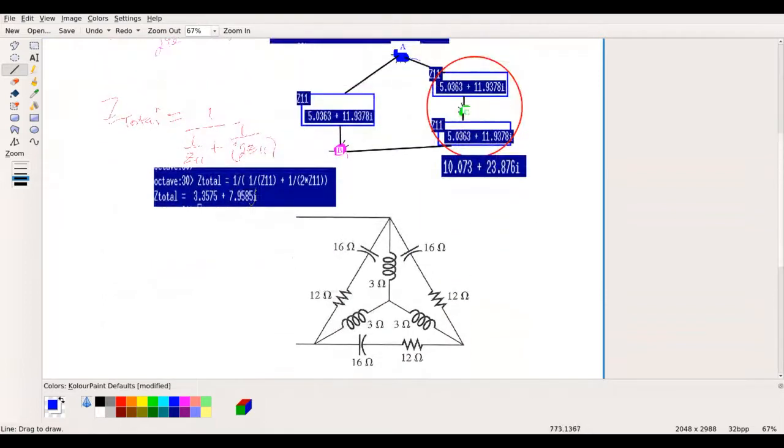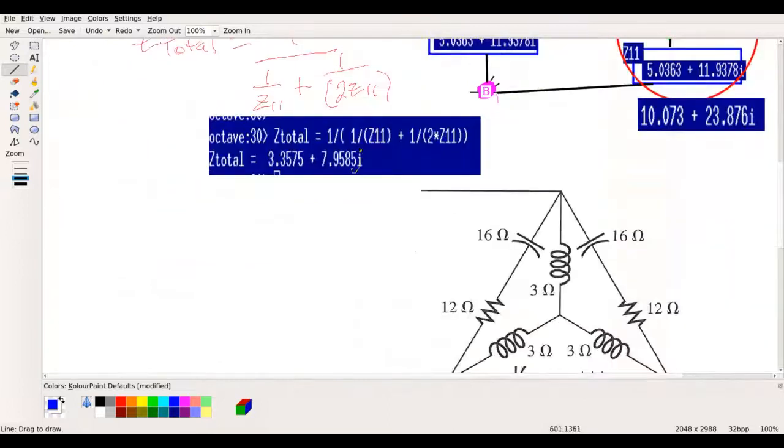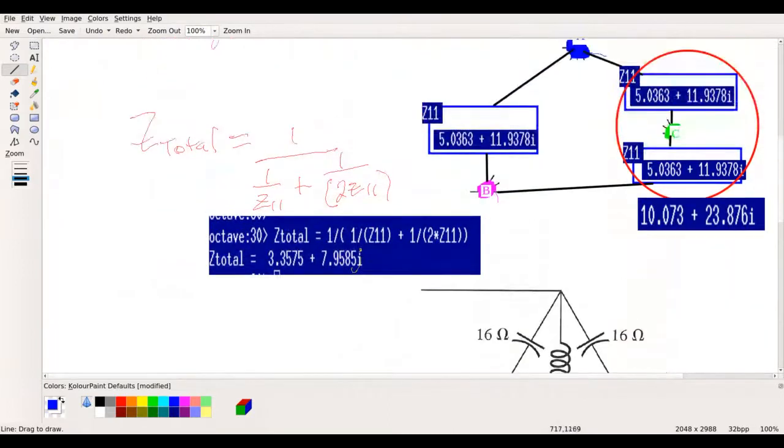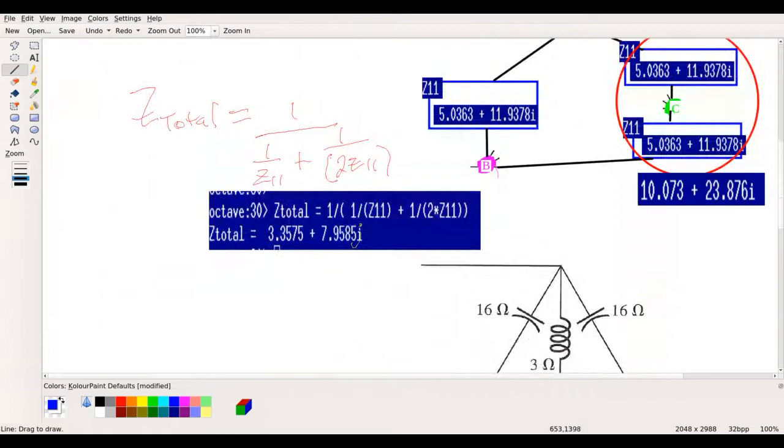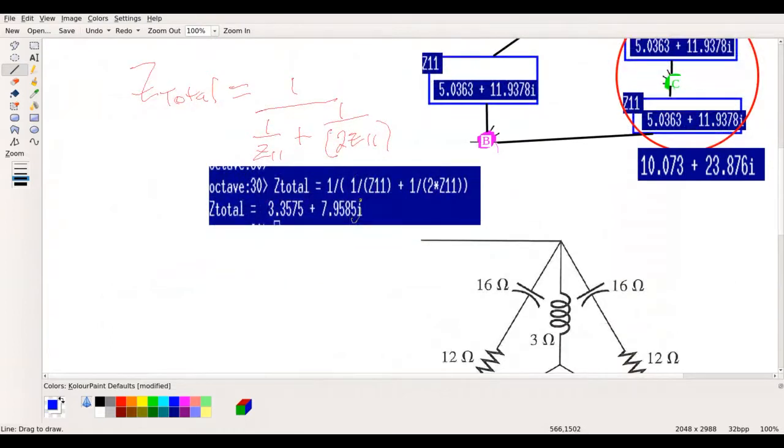Okay. And then that, of course, gives me this total impedance.